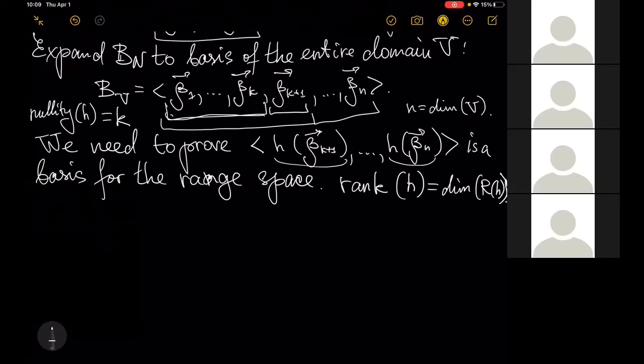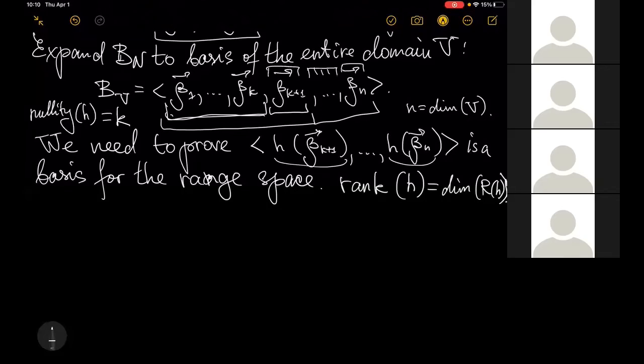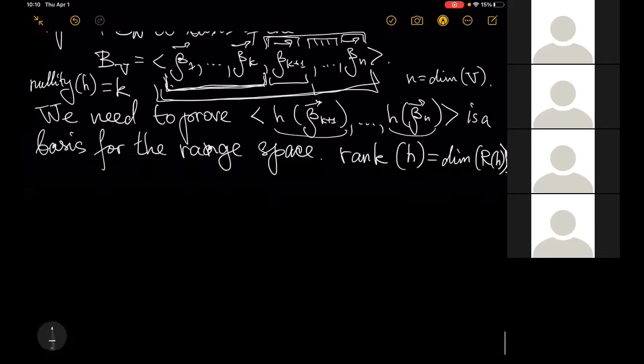If we prove that these vectors form a basis for the range, then we know that the sum of the nullity and the dimension of the range space, which is the rank, is exactly equal to the dimension of the domain, the original vector space. Okay, so how to do this?